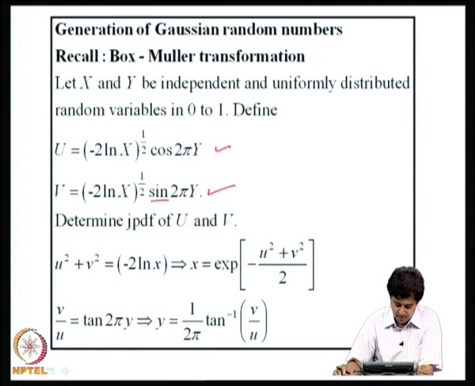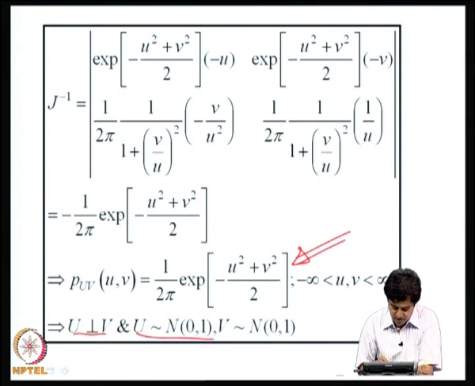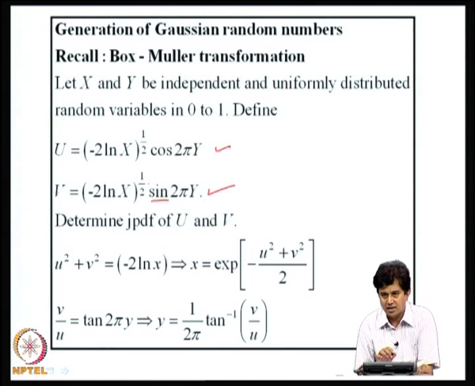These are the steps where we find the Jacobian and go through this, and we get this joint probability density function. That would mean u and v are independent, u is normal with mean 0 and standard deviation 1, v is normal with mean 0 and standard deviation 1. So, now that we know how to generate uniformly distributed random numbers, we can use the Box-Muller transformation and generate Gaussian random numbers.